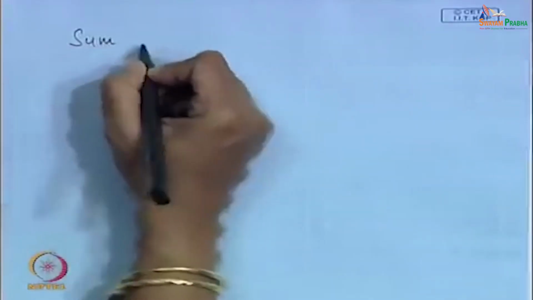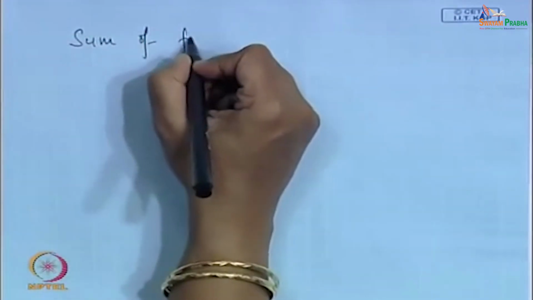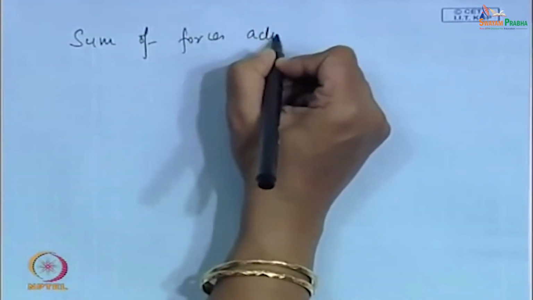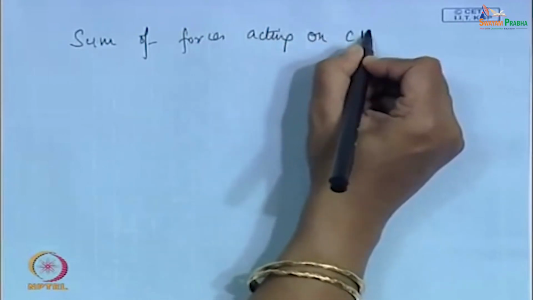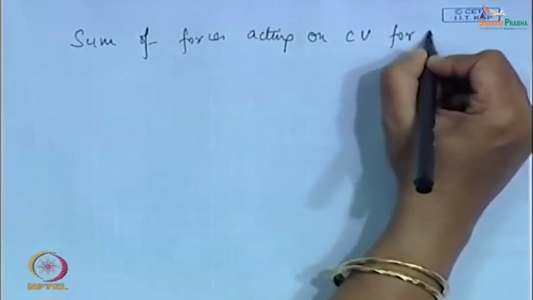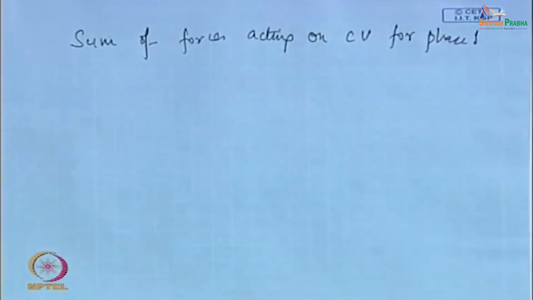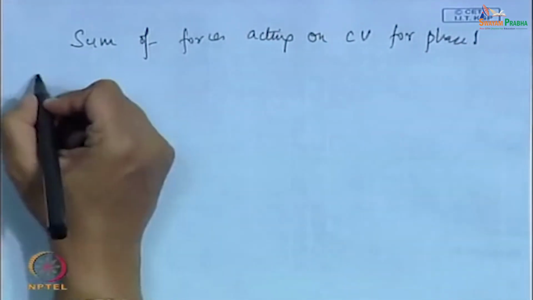Okay. Now, what are the sum of forces? I believe I have the PPTs for this. On this control volume of phase 1, what are the sum of forces acting?